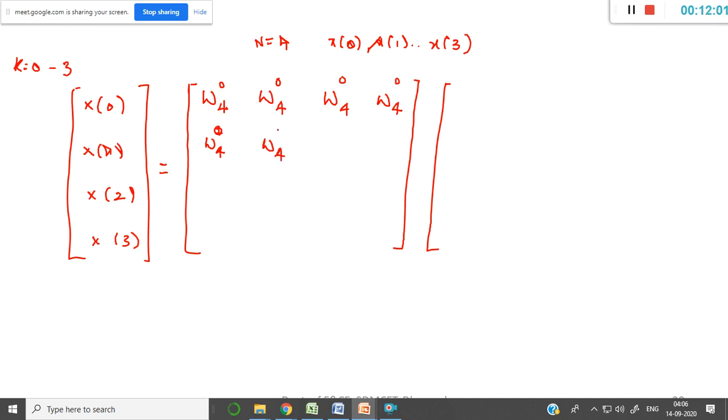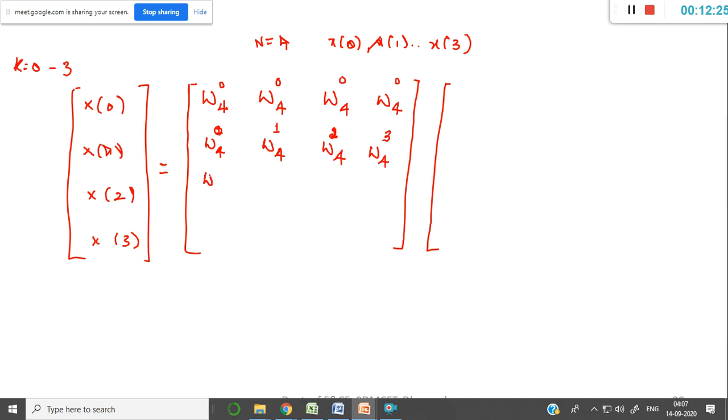And W4 to the power of, what is this value? K is 1, n is also 1, so W4 to the power of 1. W4 to the power of, k is 1, n is 2, therefore 2 into 1 is 2. W4 to the power of 1, k is 1, but the value of n is 3, so 3 into 1, it is 3.